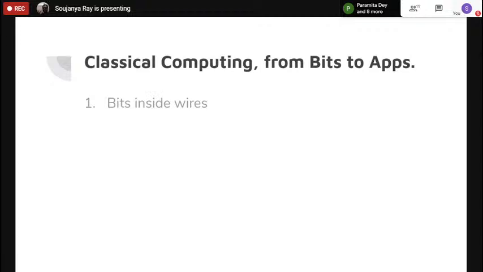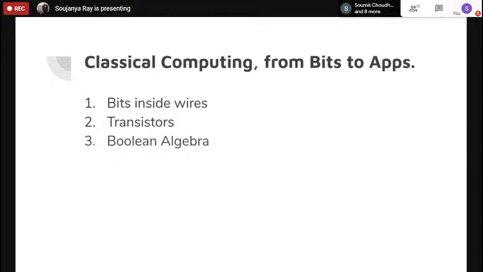First, these are bits that run inside the wires, and then they have transistors that have the bits in them, or control the bit through gates. And this entire work is controlled by Boolean algebra. And on top of Boolean algebra is machine level code, or a machine language. Then we have assembly language.